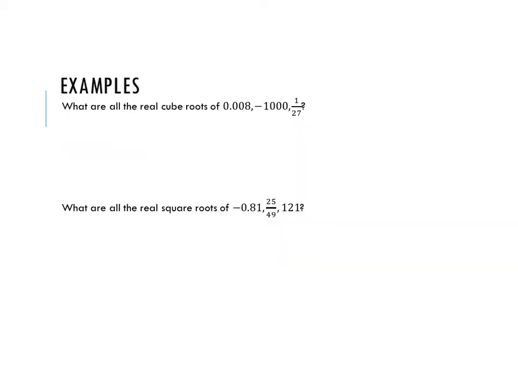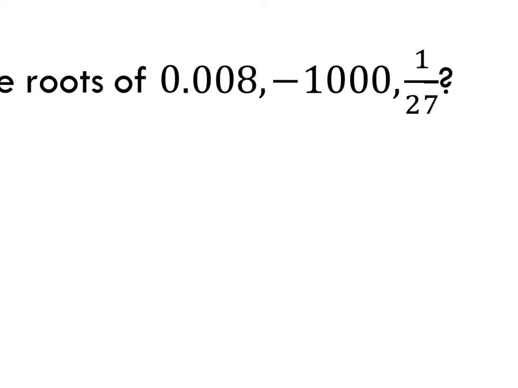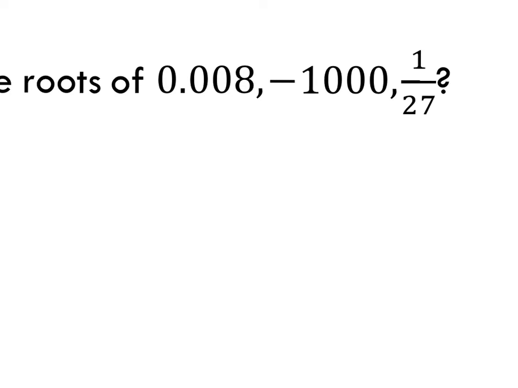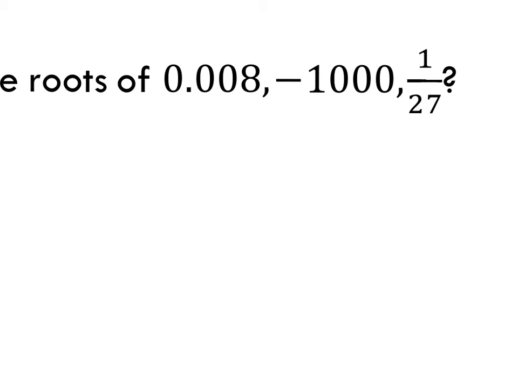So we want to know what are all the real cube roots of negative 0.008, negative 1,000, and 1 over 27. The easiest way for us to do a decimal, because this upcoming formative is more than likely without a calculator, we know that 0.008 is the same thing as 8 over 1,000.